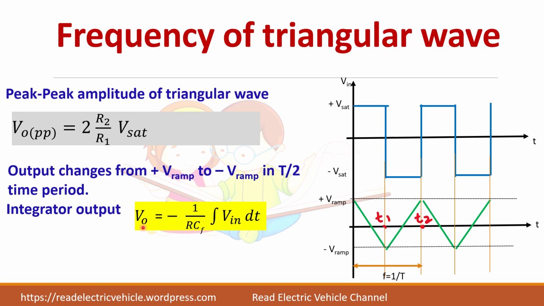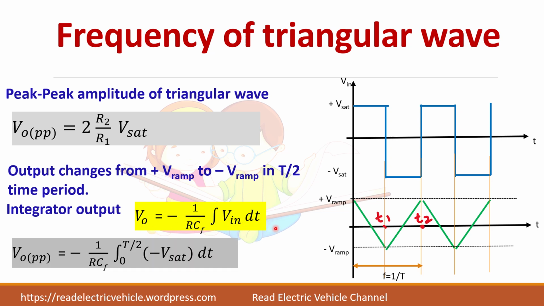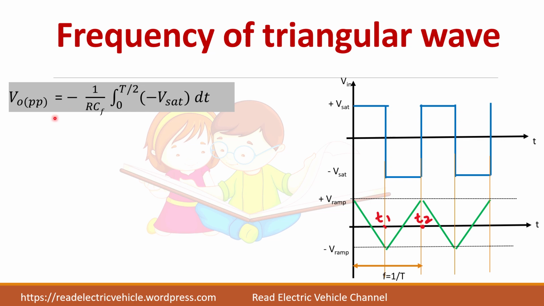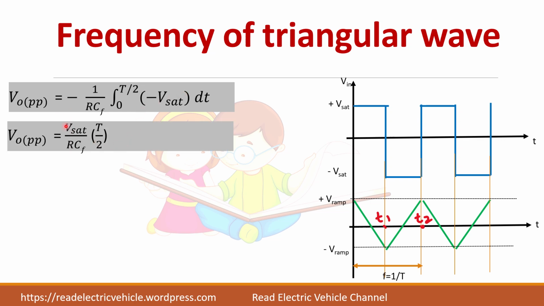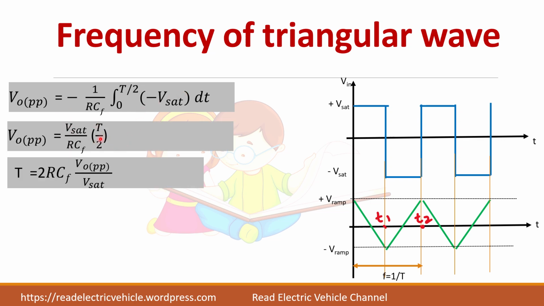For the integrator output, we know V0 is equal to minus 1 by RCF into the integral of Vin into dt. Let us substitute the limits as 0 to T by 2, with Vin as minus Vsat into dt. Let us apply the limits and simplify it to find T from this equation. T we get in terms of V0 peak to peak by Vsat.